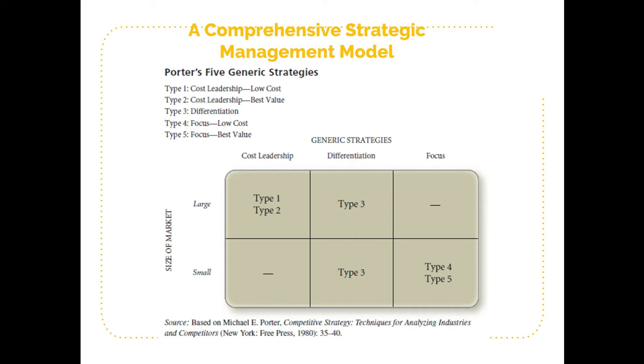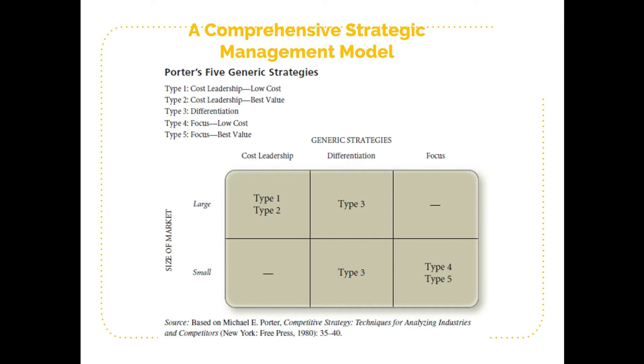Focus, on the other hand, means producing products and services that fulfill the needs of a small group of customers. In other words, they call them niche customers, a small group of customers. 2 alternative types of focus strategies are type 4, focused on low cost, and type 5, which focuses on the best value.